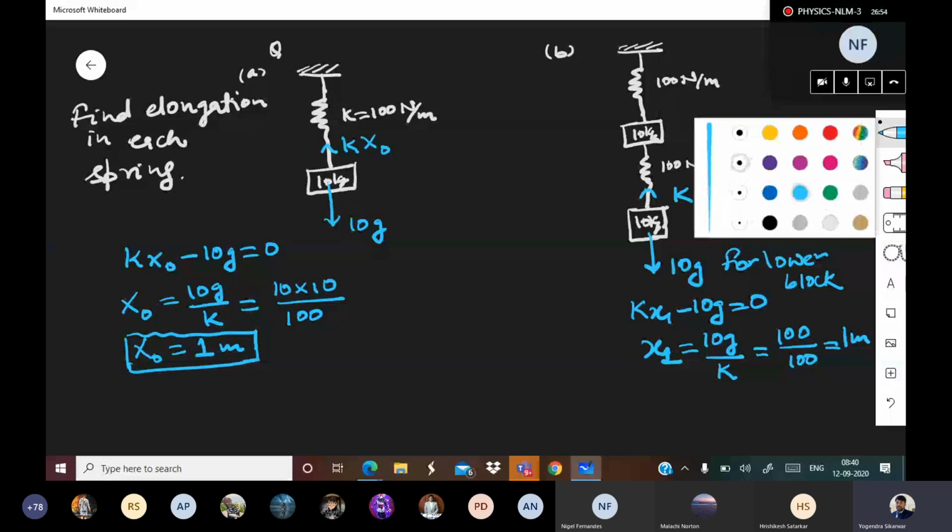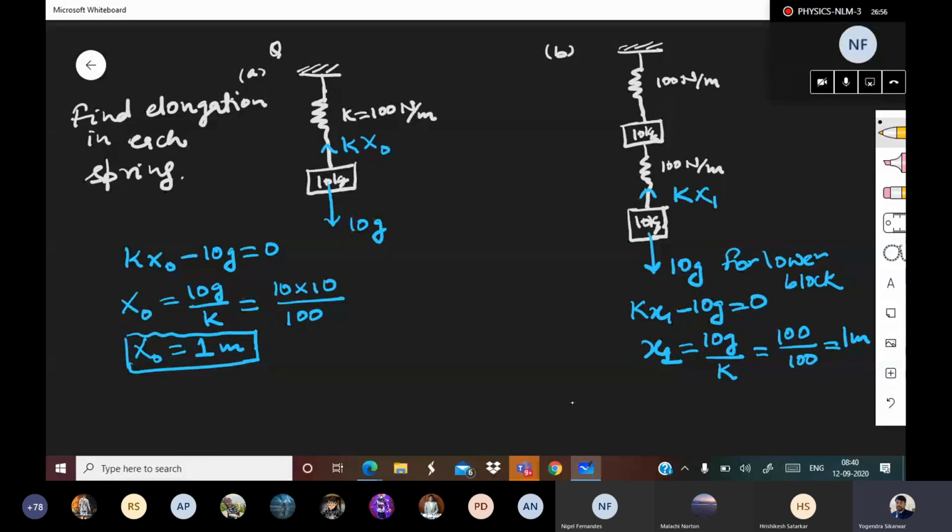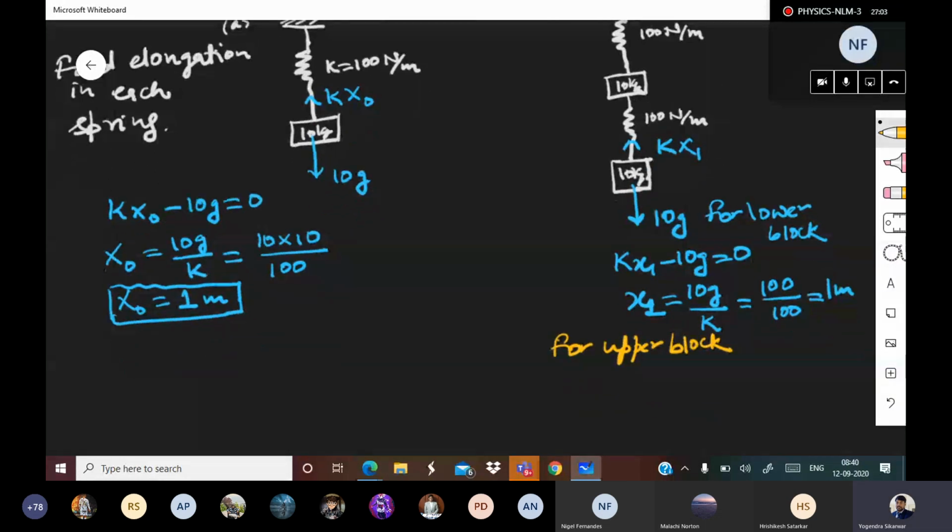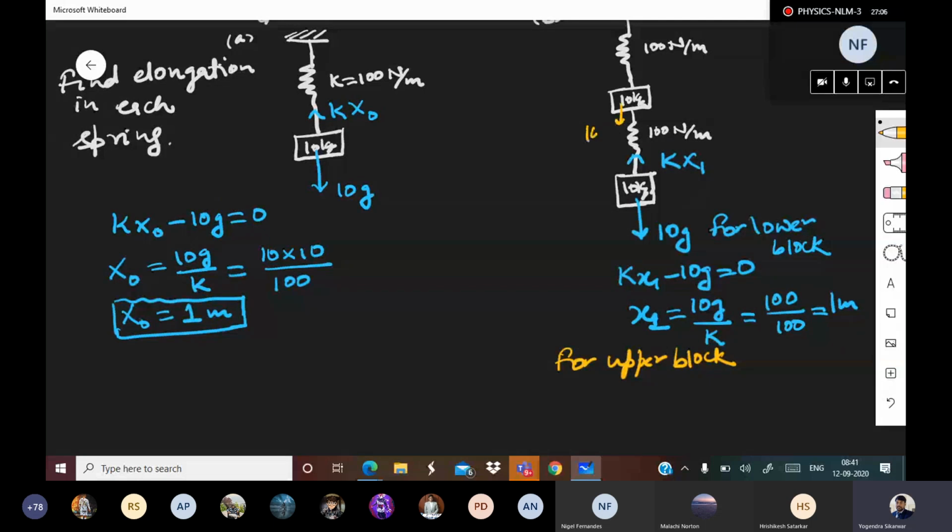Now let us talk about the upper block. For the upper block, there is mg, then Kx2, and this Kx1 will also act downward here. So Kx2, which is upward, minus mg, which is downward, minus Kx1 is equal to 0.